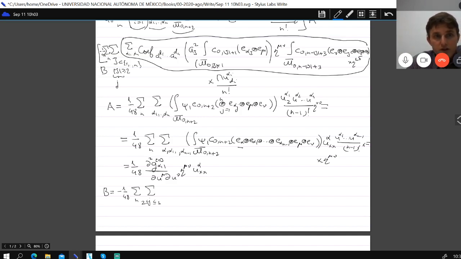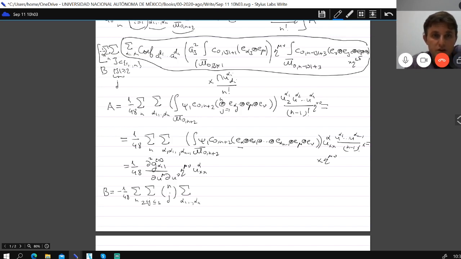Then I say that for any subset, this sum is the same. How many subsets of fixed cardinality? The number of such subsets is the binomial coefficient, n over J. Then you take this sum over alpha 1 through alpha n.